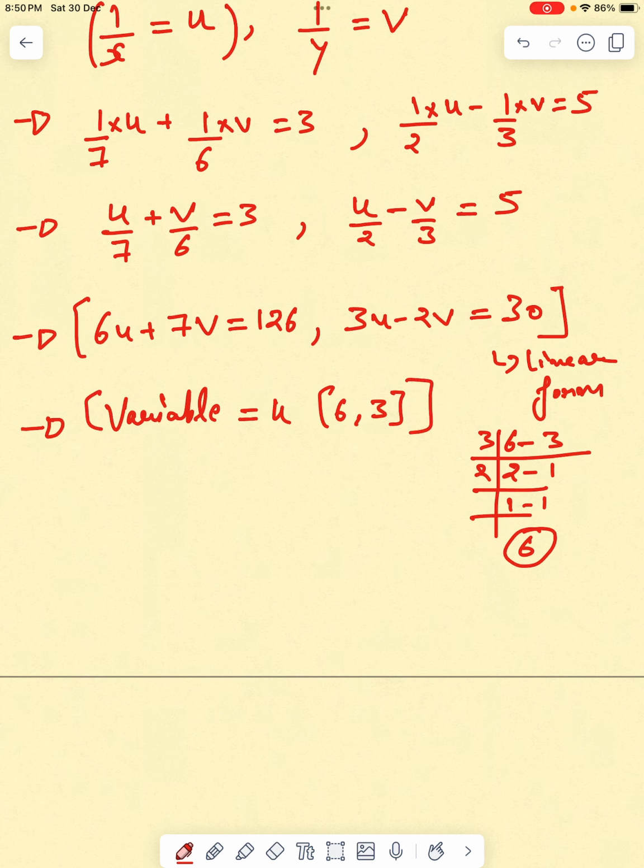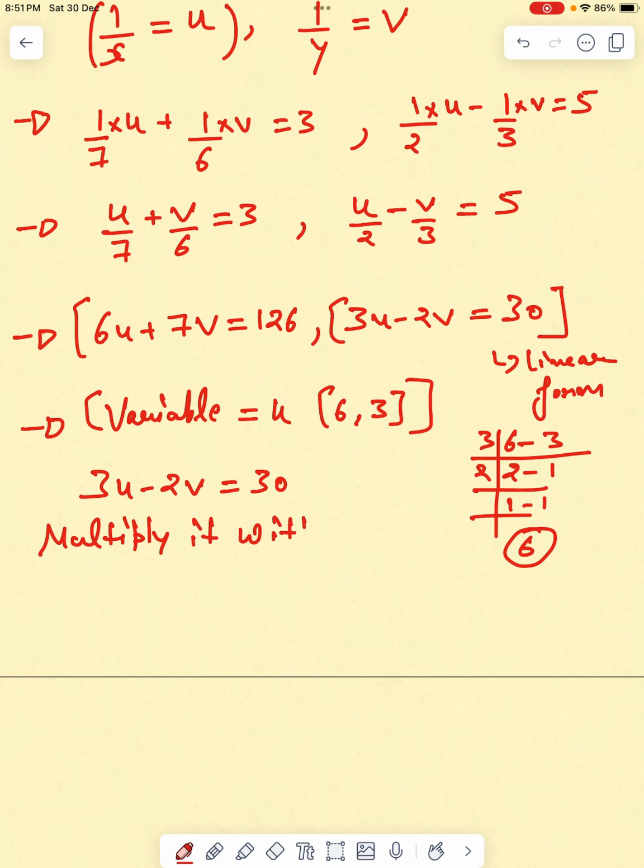How? We will choose equation number 2 and multiply the whole equation by 2. So 30 into 2 is 60.